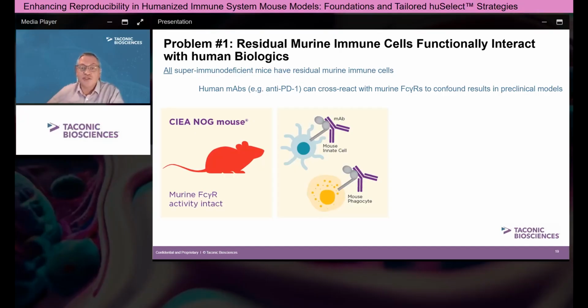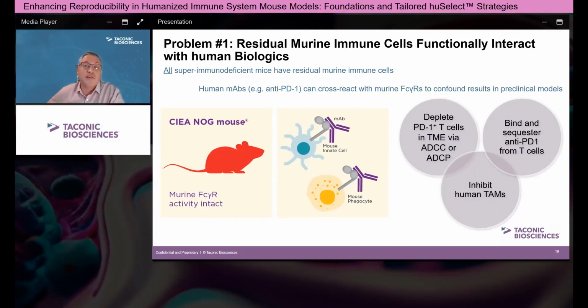So I'm graphically illustrating this here. The NOG mouse, like other immunodeficient mice, tends to have various mouse innate immune cells and mouse phagocytes that, although somewhat dysfunctional, are still present, and in particular can interfere by binding with, in this case, monoclonals through the Fc region, based on the Fc receptors that are present on those mouse cells.